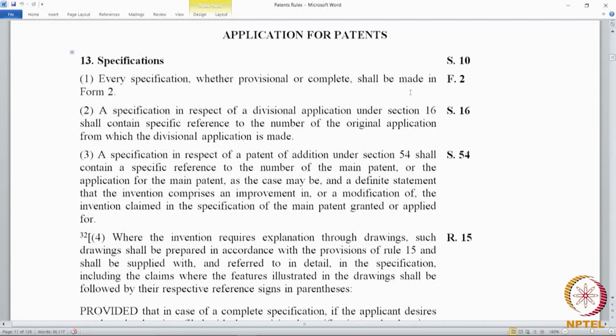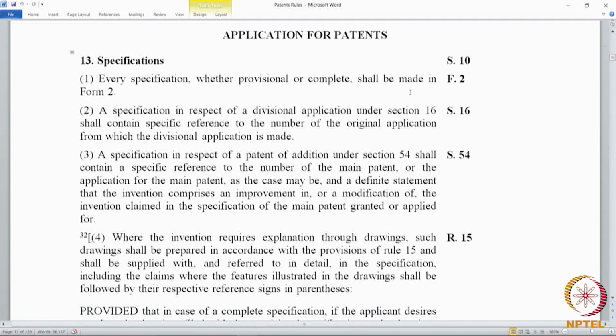Those additions to the invention could be captured in the complete specification, because filing a provisional gives an applicant 12 months time to follow it up with a complete specification. So, any improvement or addition made to the invention could still be captured in the complete specification so far as it pertained to the same invention.